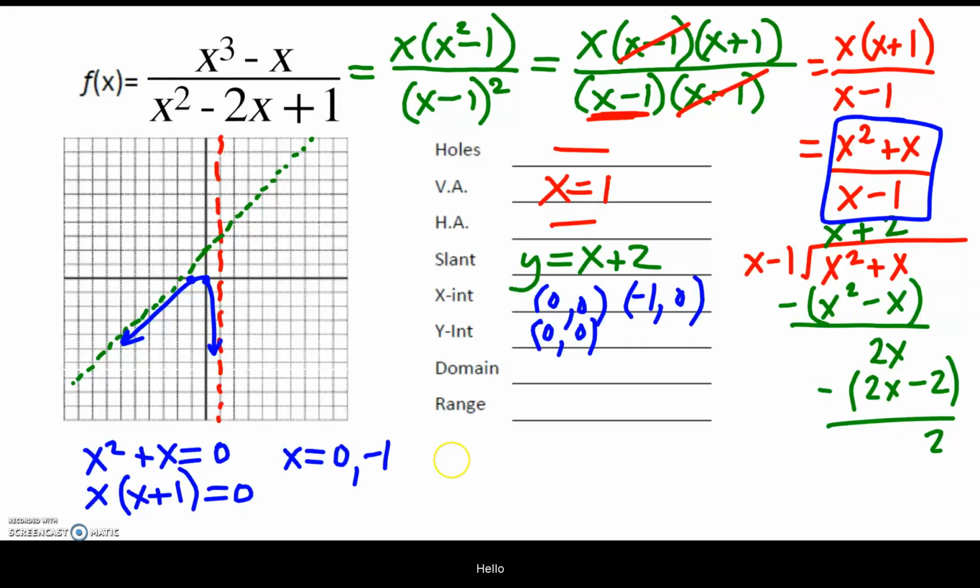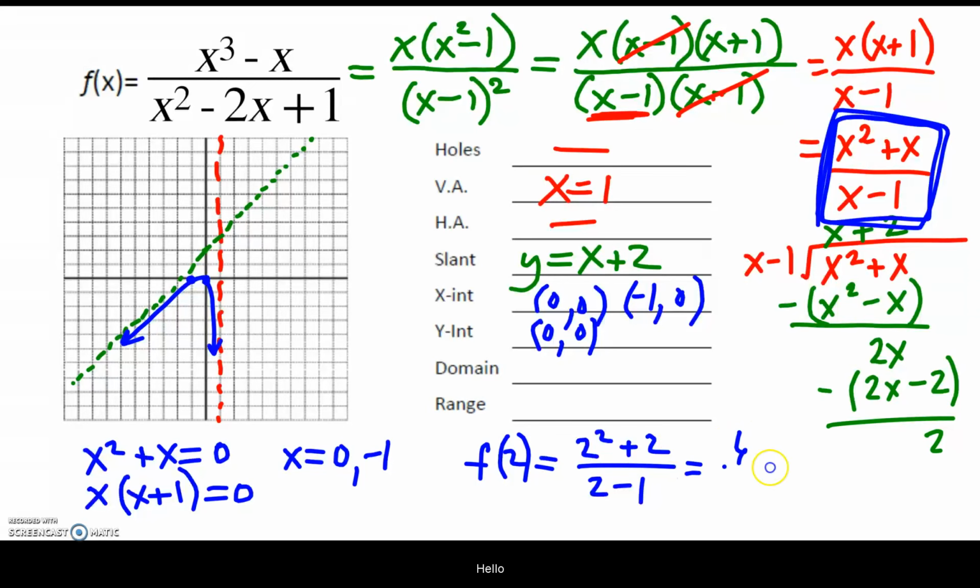So if I plug in x equals 2, finding f of 2, just going to plug it in again to this equation over here. That's 2 squared plus 2 over 2 minus 1. 6 divided by 1. So it's 6. So the point (2, 6) is on the graph. Right there. And again, you can kind of imagine that the rest of it would go like this. If you want to plot more points, you can, but that's a good graph right there.